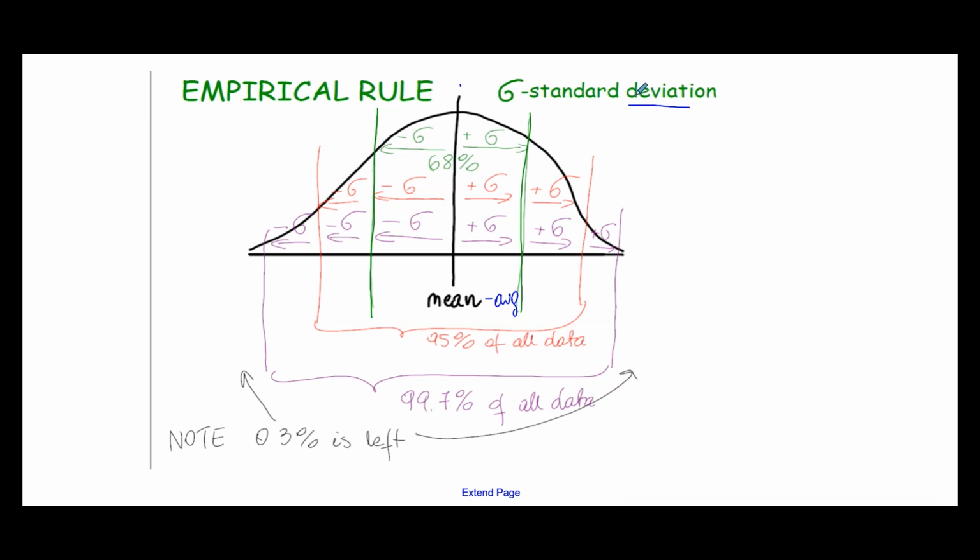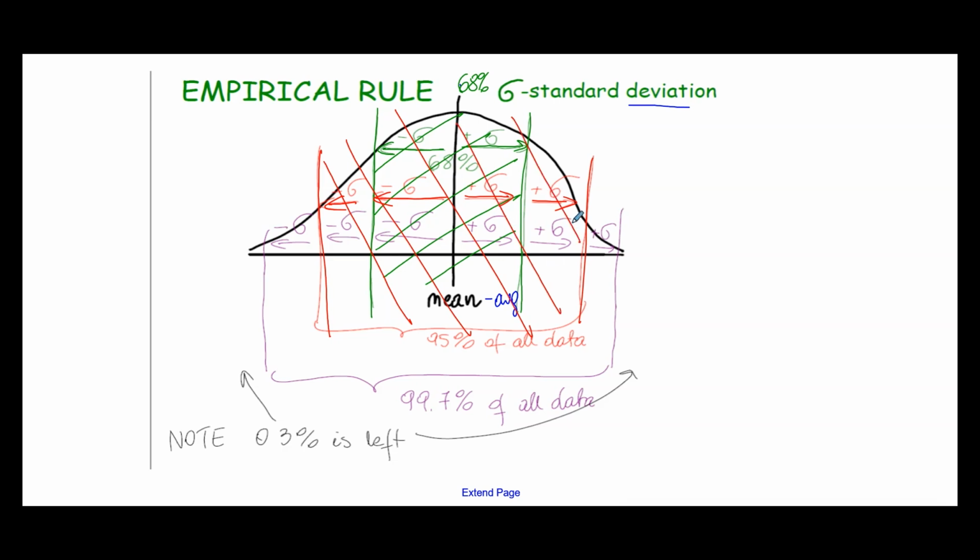If we go plus one standard deviation and minus one standard deviation from the mean, this area will be that 68%. If we go two standard deviations in both directions, all of that will be 95% of all data.